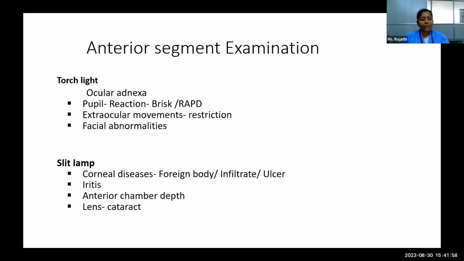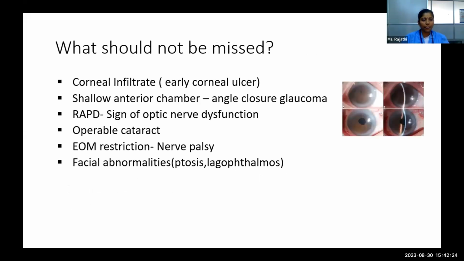In the slit lamp, we have a detailed examination of corneal diseases, like any small foreign bodies, infiltrate, or corneal ulcer. These kinds of things are checked by slit lamp. And the iris, anterior chamber depth, and status of the lens: immature cataract, early cataract, or mature cataract. These things are checked by slit lamp.